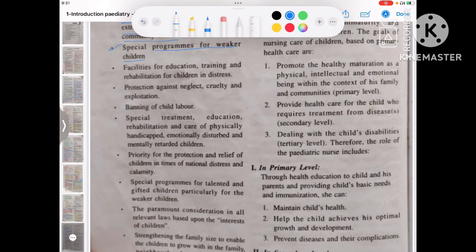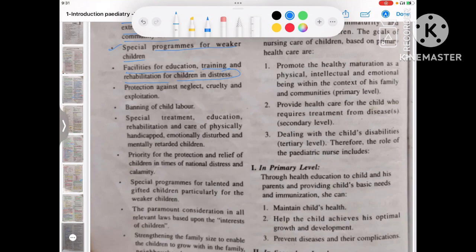The next one is facilities for education, training and rehabilitation for children in distress. The child may be from a broken family, or there may be some problem with the child, maybe a very isolated child. These are the categories we can call distressed children.